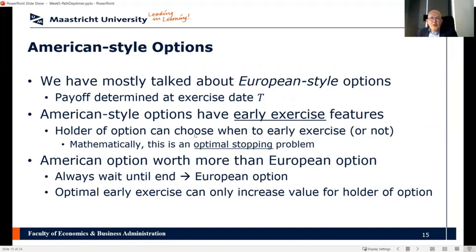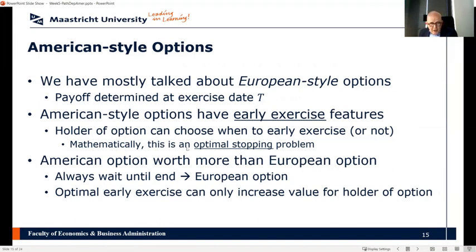From the simple observation that if you don't stop early, this may be suboptimal, but you're always going to get your European style payoff. And if you're a little bit clever, then if you optimally stop early, you can increase the value of your option.